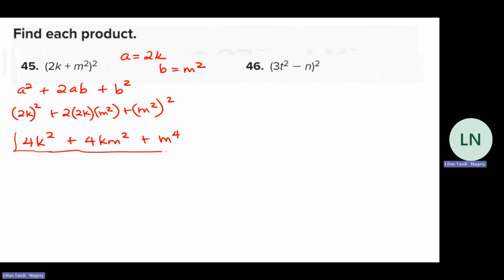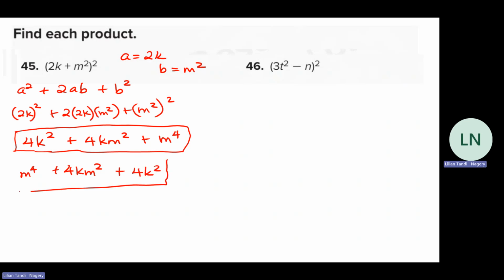You can also leave it this way, but arranging it in standard notation should be best. The best answer will be m to the 4th power, then plus 4km squared plus 4k squared. This is the best answer.